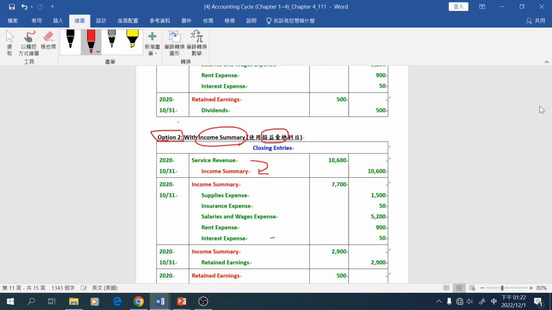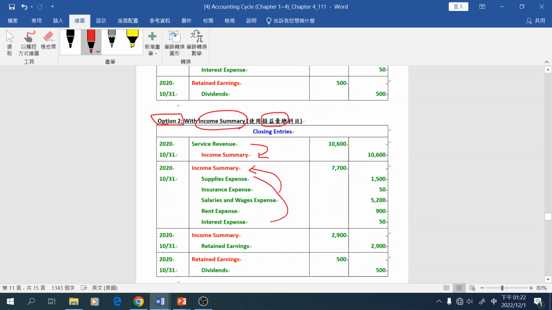You will transfer expenses to income summary first. After that, we get a net amount. What's that net amount? 2,900 is revenue minus expenses. After that, we transfer it to retained earnings.